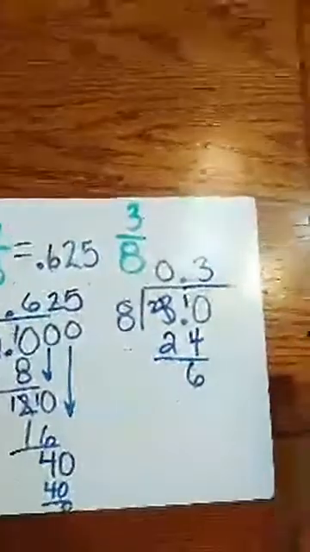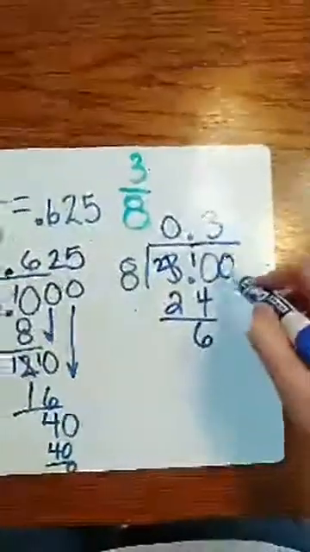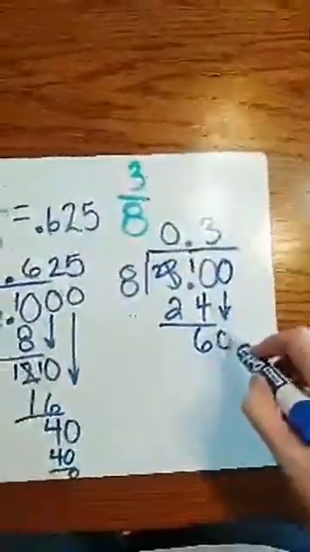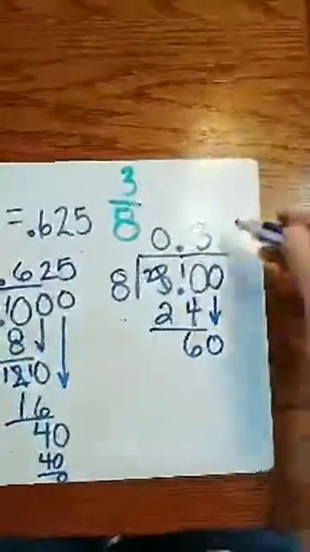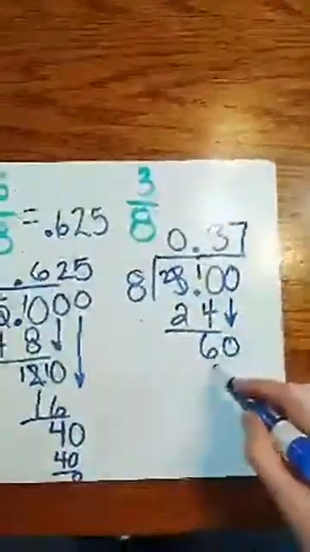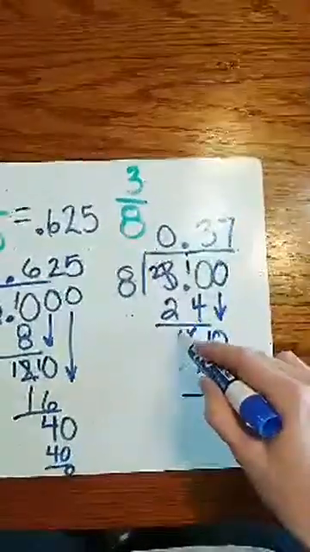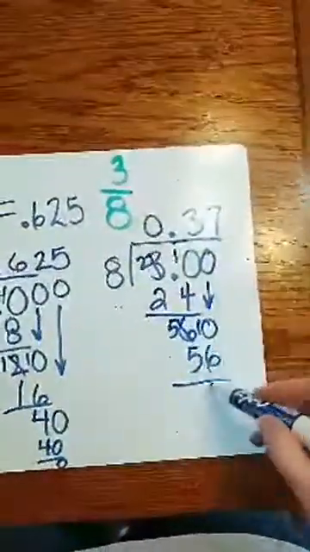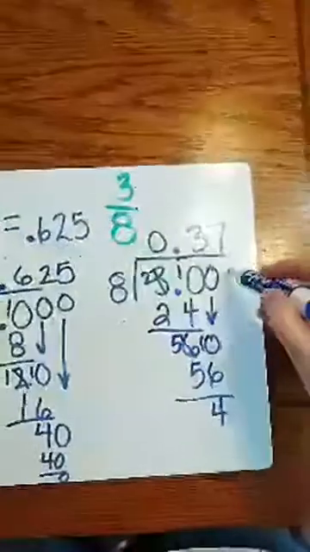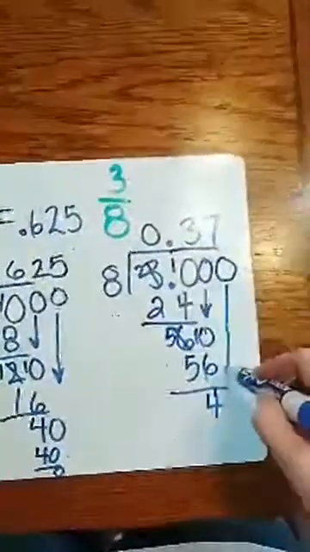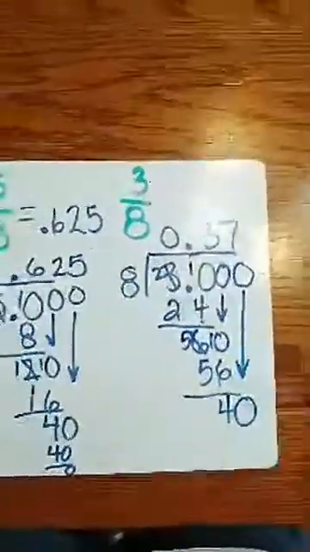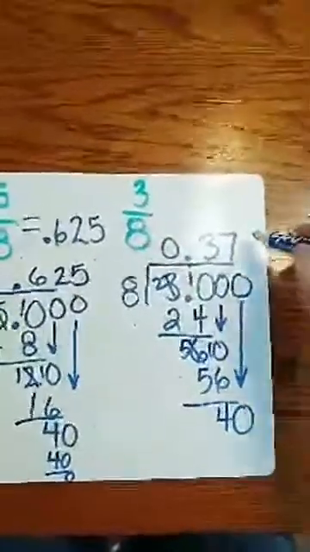Subtract. Can't have a remainder. Add a 0. Bring it down. 8 goes into 60 7 times. 56. We're going to borrow. Subtract. Still have a remainder. Cannot have that. Add another 0. 8 goes into 40. There we are.